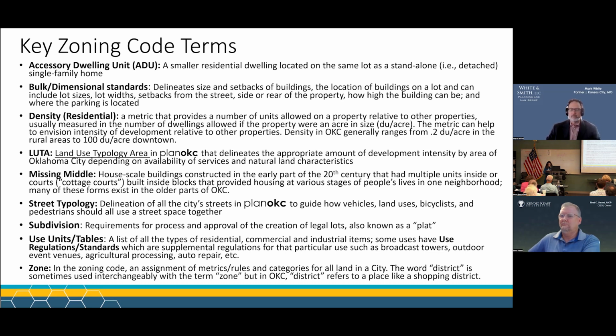Street typology, that's another Plan OKC term that you'll hear. These are terms for Oklahoma City that you won't find in all cities, but in Plan OKC, we also delineated different types of streets like arterials, the big fast streets like May Avenue and Northwest Expressway. And then we have connector streets, which are more like Villa, a little bit less intensity, a little less speed.